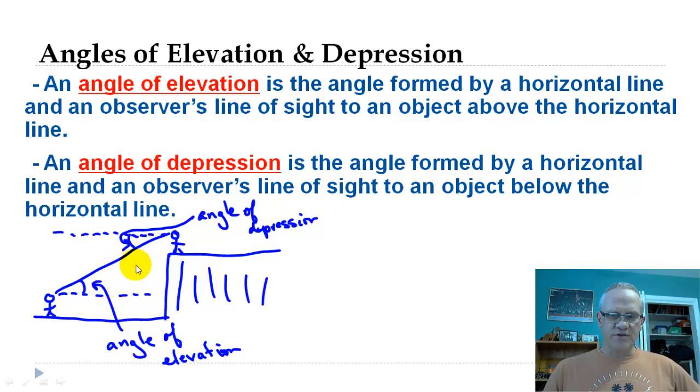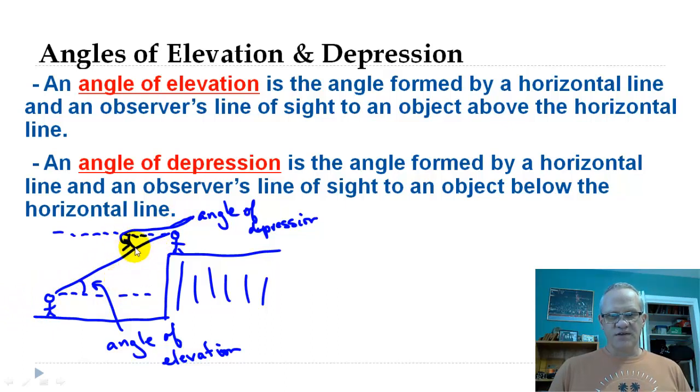One thing let me mention before we move on. Way back at the beginning of the year, we talked about a situation like this where if we have these two horizontal lines, they must be parallel. The line of sight is a line that cuts through those two parallel lines.